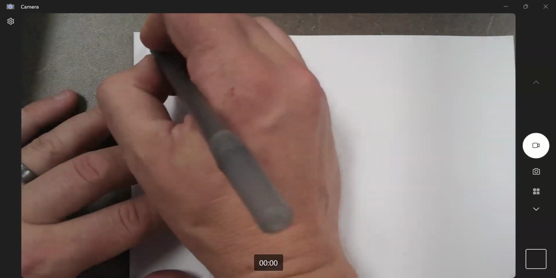All right, so section, let me grab it over here so I know what the name of that section is. Section 1.3, equations of linear functions.